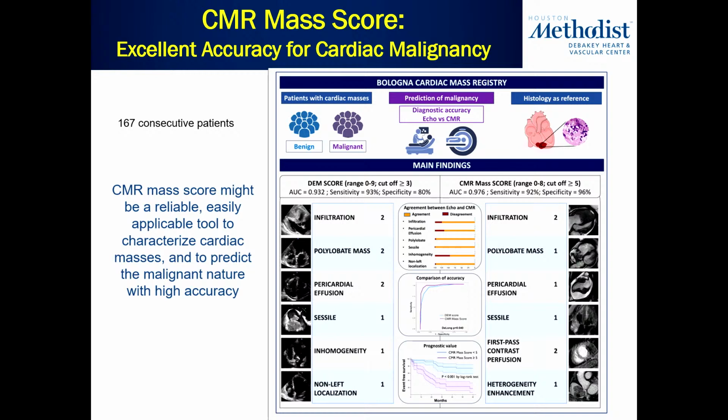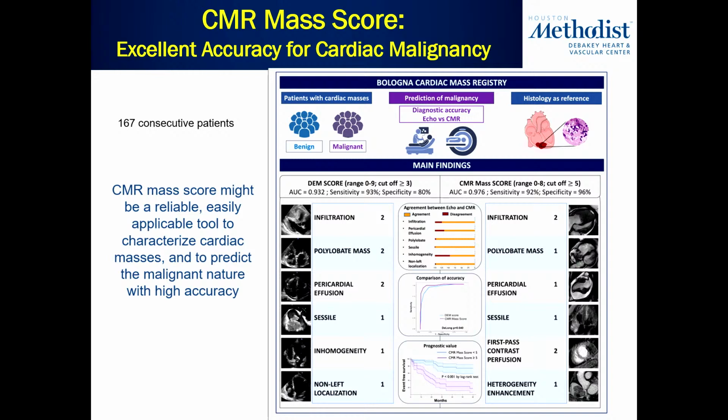If you were to look at your images and sum up a weighted score that includes infiltration, a polylobate mass, a pericardial effusion, a sessile lesion, something that demonstrates first-pass perfusion, and has heterogeneous hyperenhancement, and the score is more than 5, they showed an AUC of 0.98, showing that it can be a very reliable score in helping you identify a malignant lesion.